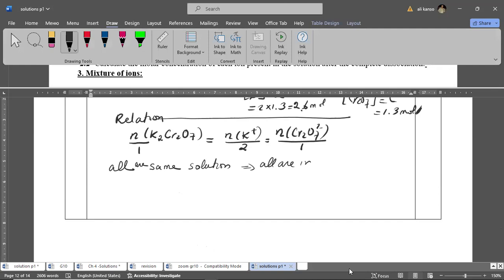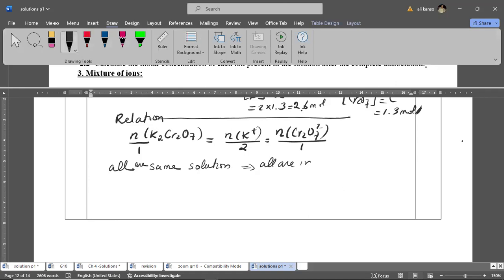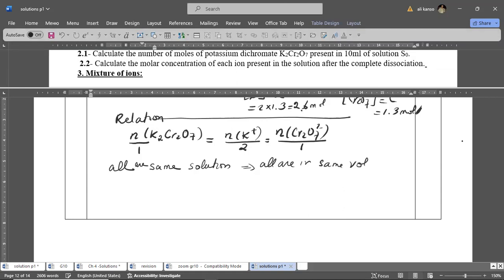So if you divide it all by V, N over V, N over V, N over V, you can directly transform these ratios into concentration.